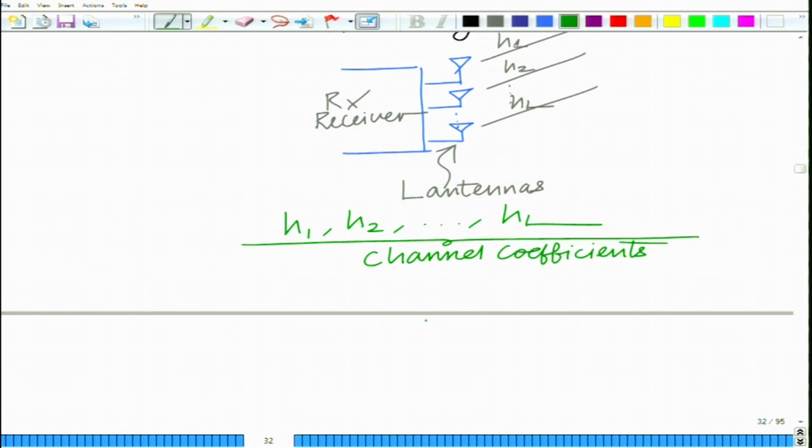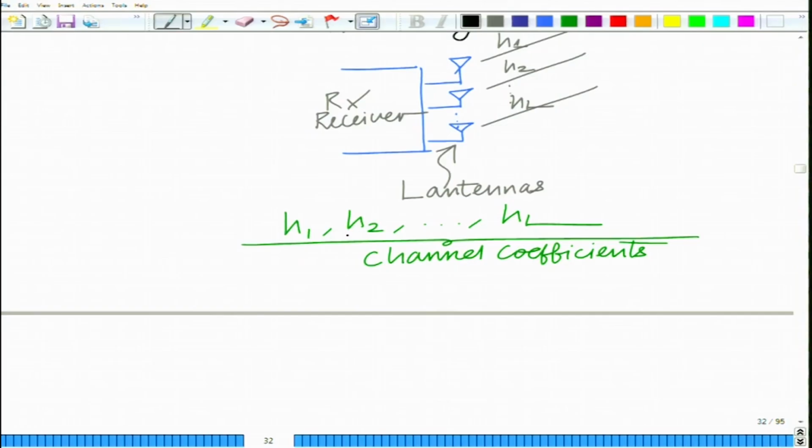Now, these channel coefficients, in wireless communication systems, the knowledge of these channel coefficients is also termed as channel state information. All right. So, the channel coefficients characterize the channel state, and knowing these channel coefficients, having the values of these channel coefficients, is also termed as channel state information in the wireless communication system.